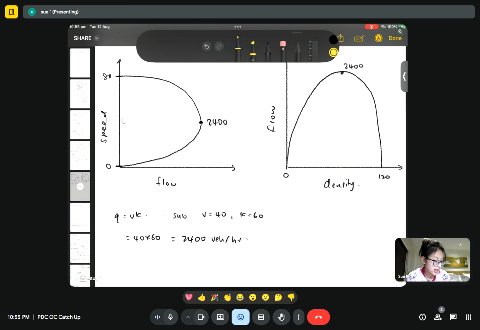And just an extra note is that this point is the tip of the parabola, right? So that's going to be in the middle here. So actually I can label what these points should be. That would literally just be in the middle of these 2 points. And you can see how when speed equals 40, density equals 60. So those are equivalent. Okay?